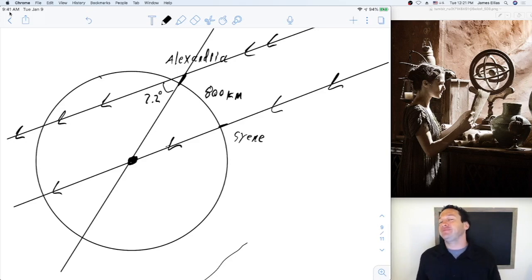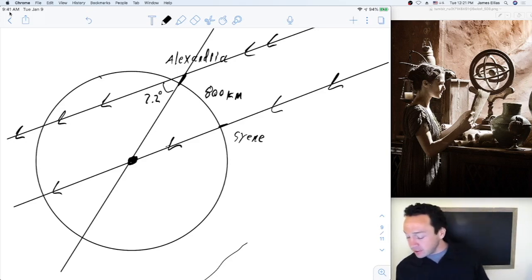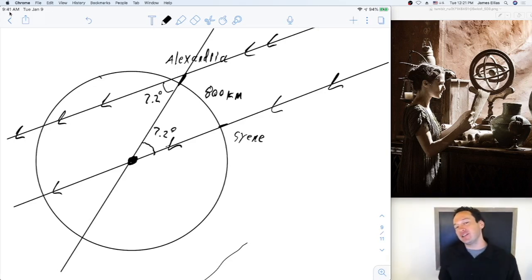Now, what Eratosthenes does is he now knows that the angle in the middle of the Earth, which separates Alexandria and Syene, is also 7.2. And this is a theorem in geometry, which is that opposite interior angles are always equal when you have two parallel lines.